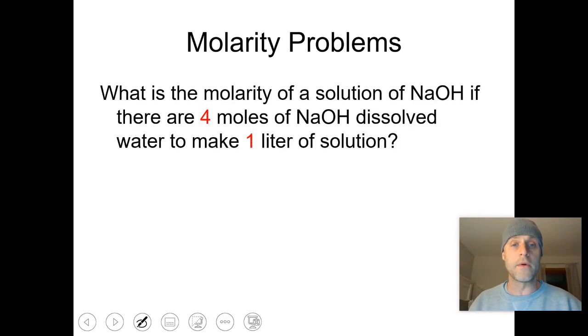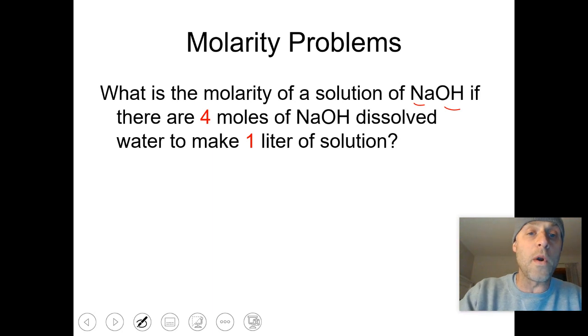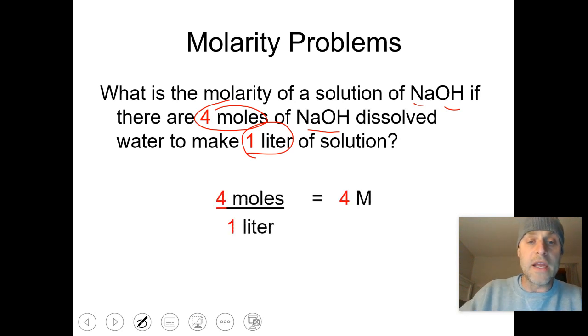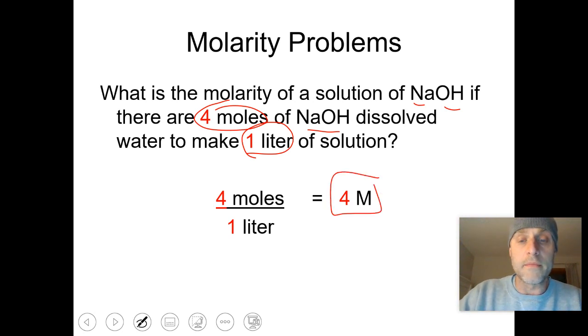Okay, here we go. So the first problem says, what is the molarity of a solution of sodium hydroxide if there are 4 moles of sodium hydroxide dissolved in water to make 1 liter of solution? So remember, molarity is moles over liters, 4 over 1, 4 molar. Done.